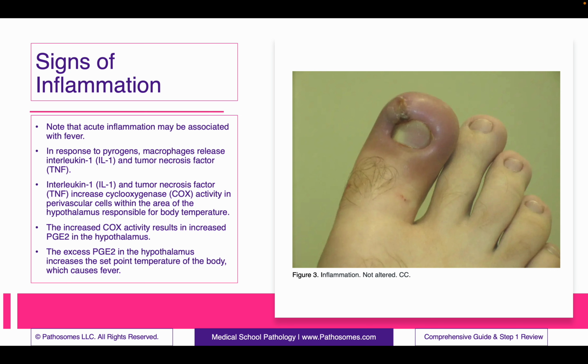The increased COX activity results in increased prostaglandin E2 in the hypothalamus, and that excess PGE2 in the hypothalamus increases the set point temperature of the body, which causes fever. So now you know exactly why a person with an inflammatory condition has a fever.